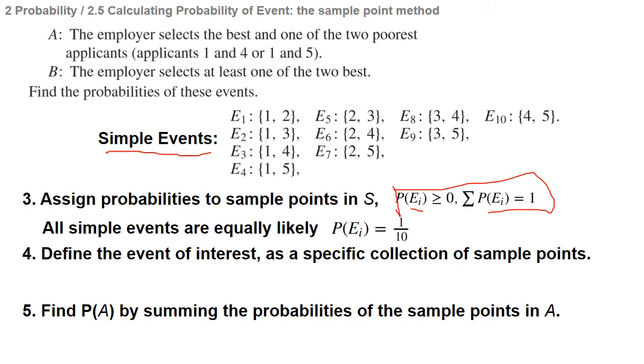Define the event of interest. Previously, we defined A and B, so we can list the items included in those events.